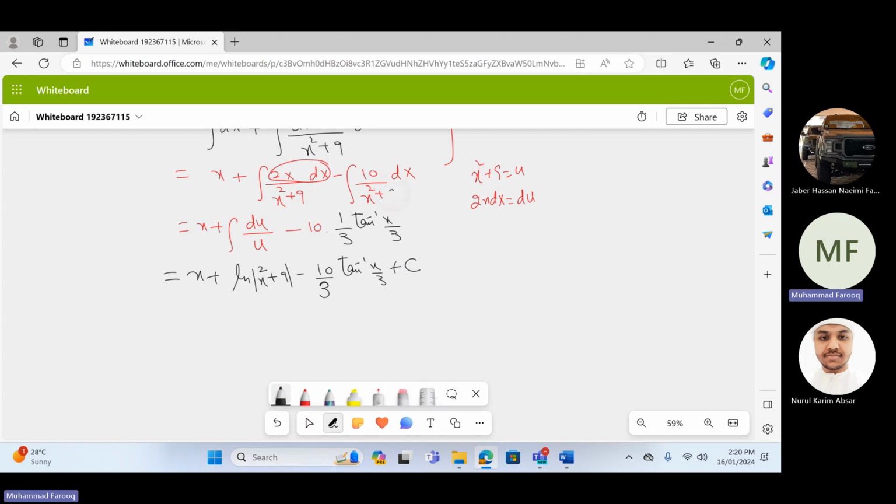You can write 3. If you go to the formula sheet, it is 1/a tangent inverse u over a. So now my a is 3. That's why I have here 3, then I have here also 3. And my u is basically x. Is that good now? Yeah. Good.